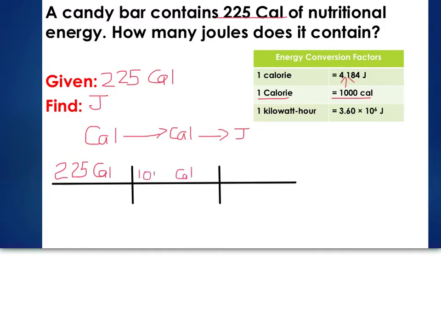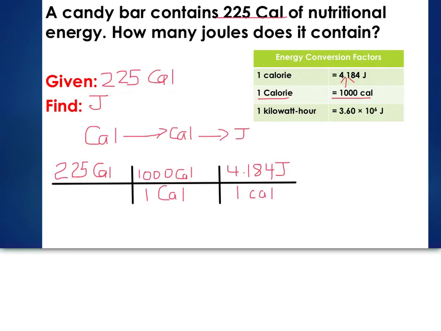So 1,000 small cal in 1 big cal. Then we want to convert that to joules. So that's 4.184 joules, 1 small cal.